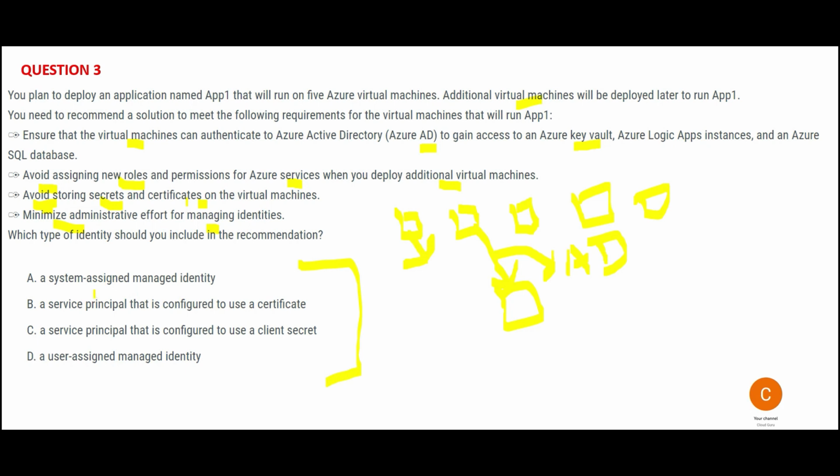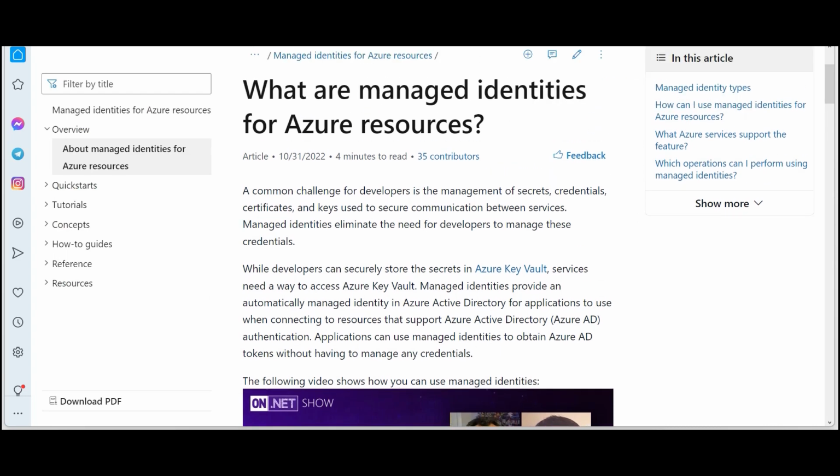Let's scan the first one, the system assigned managed identity. We use managed identities because a common challenge is that developers need access to so many services, and they cannot manage the credentials and certificates.